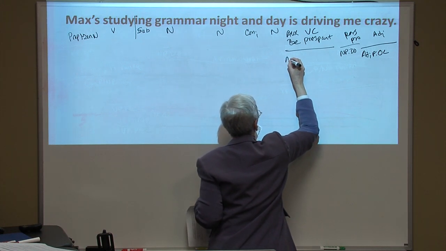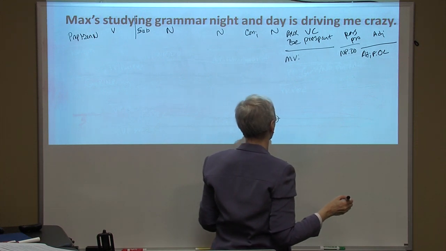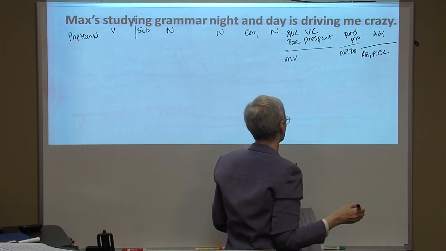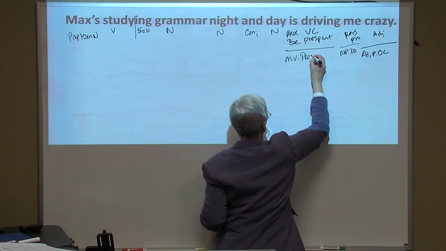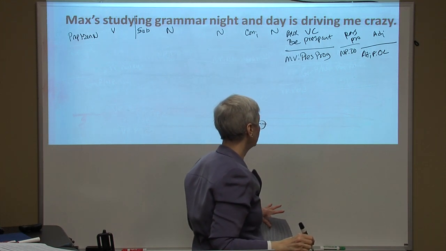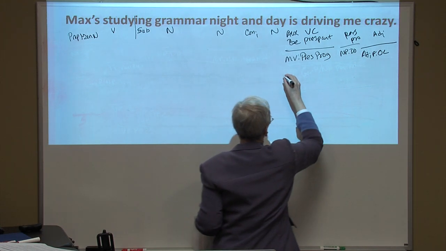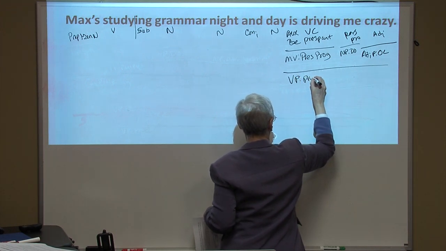And so is driving, auxiliary be plus the present participle, gives us the progressive aspect. So the tense is present, and we have the progressive aspect. So our main verb, the status of the main verb is present progressive. And here we have a verb phrase functioning as predicate.